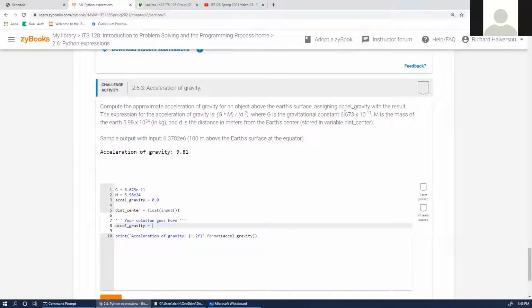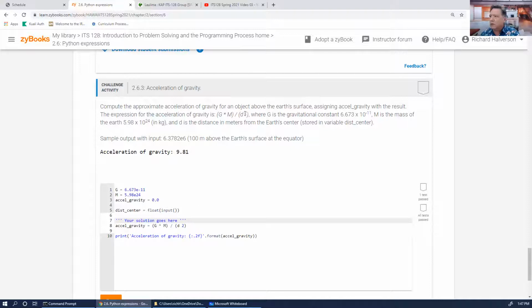Oh, what is it going to equal? It's going to equal this. Okay. And G, okay, so I'm just going to copy this, and I'm going to paste it here. Okay, look at that. Okay, it's pretty close. G times M divided by D, to the power.